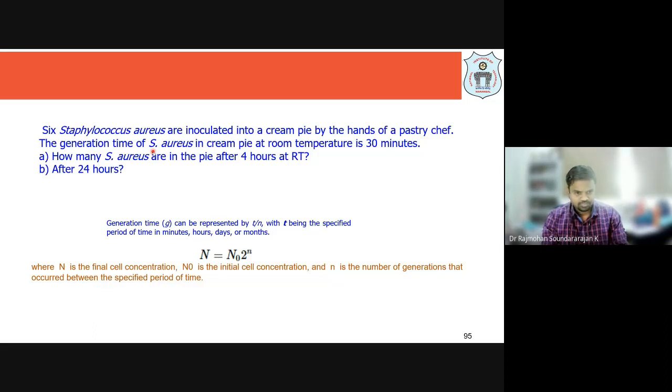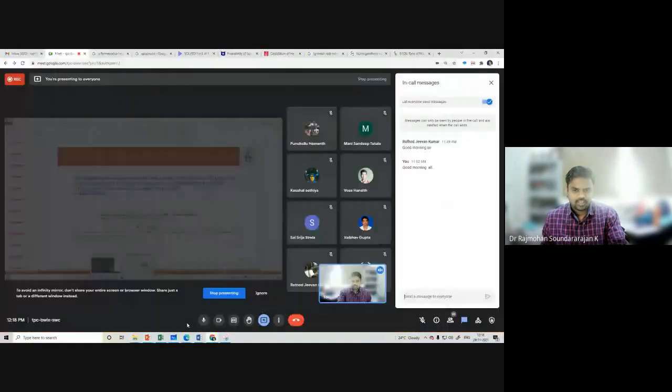What is the answer, one of you? The formula is n equals T by G, or G equals T by n. Which formula will we use? Is the first one sufficient, or will you have to use the second one? I calculated.